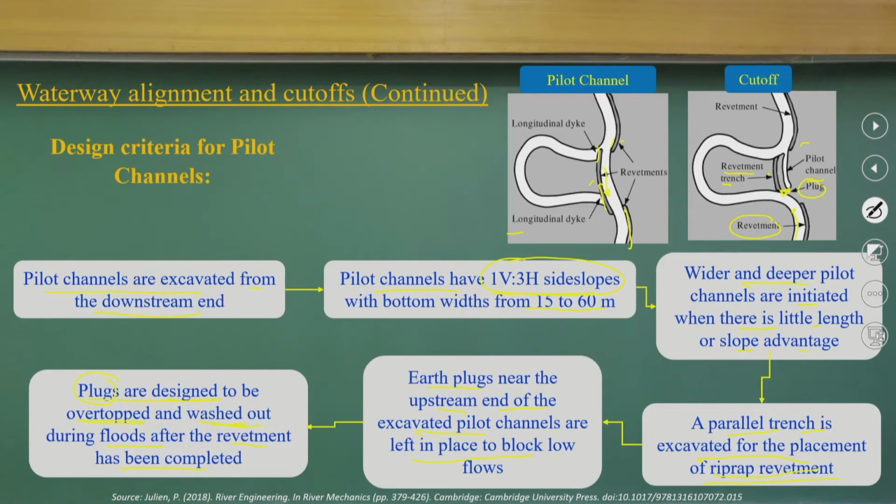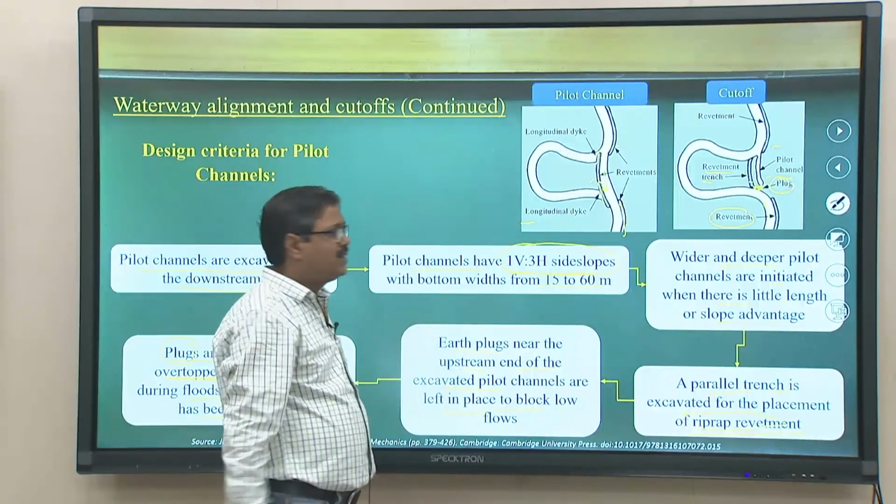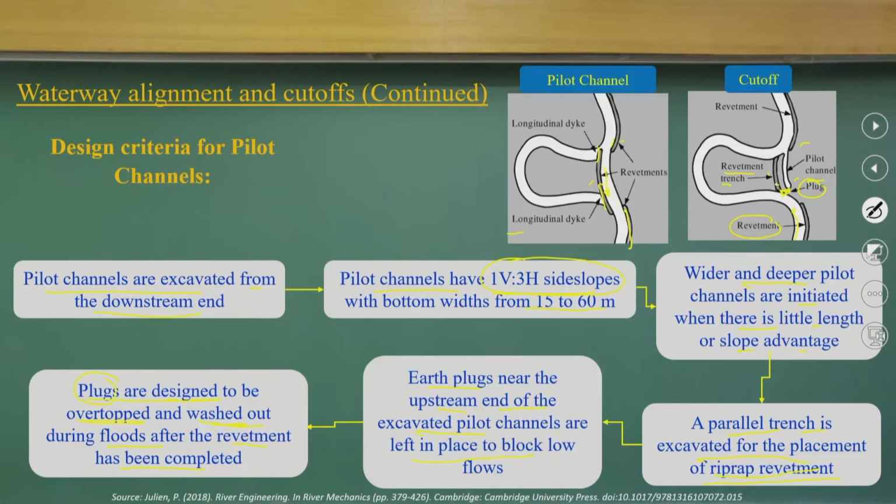As soon as it washes out and overtops, that flow will change the pilot channel configuration in terms of bed slope, width and depth. After certain days or in a season, an active channel will come up with a modified width, depth and slope, which is the stable channel. That is what we wait for, until the floods do that part.